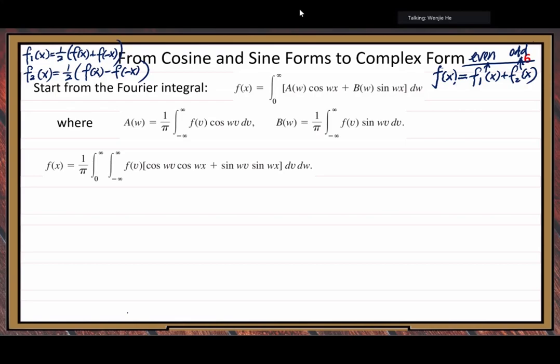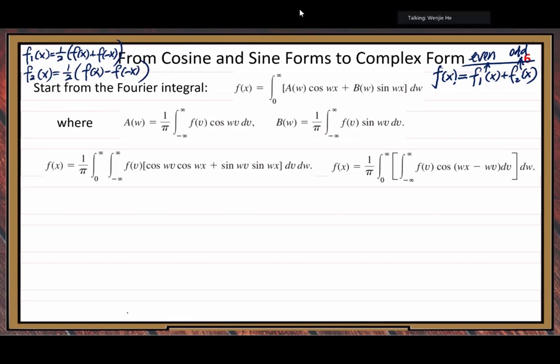Then, inside the brackets, you can see cosine cosine plus sine sine, so it should be cosine of the difference of two angles. That's the basic formula.